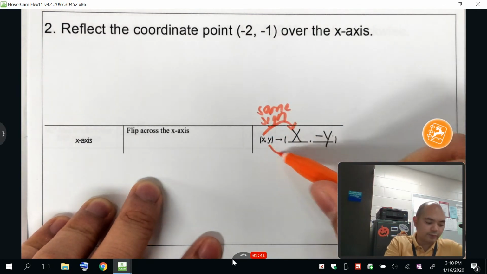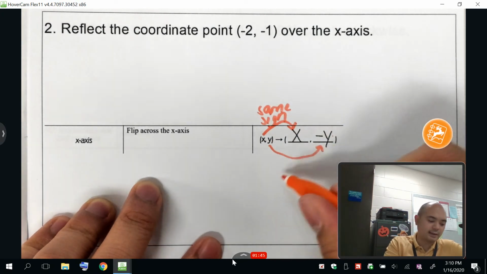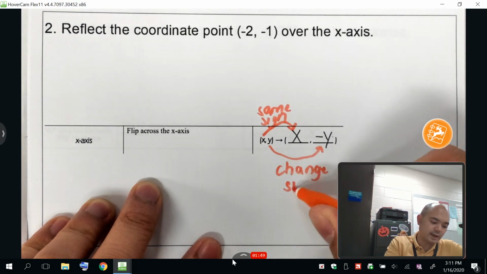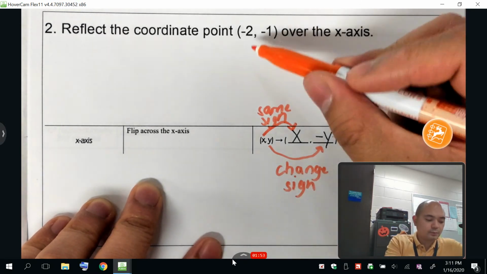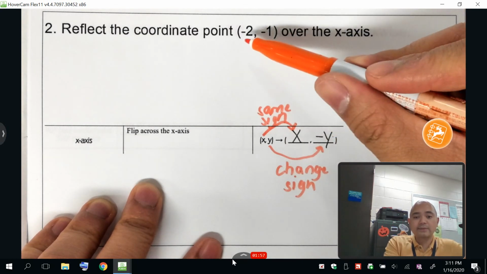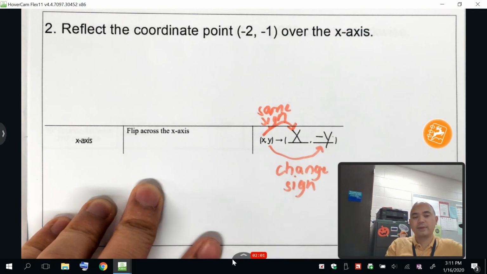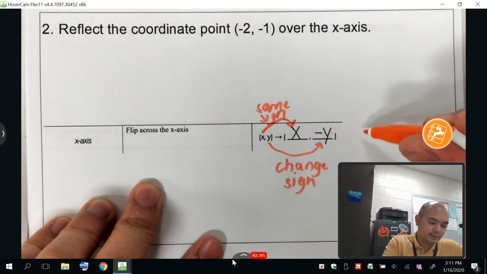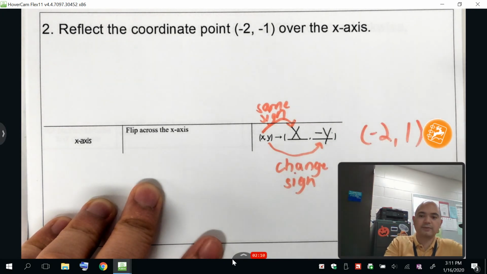Y going from here to here, this is positive, that's negative, which means the sign changes. So take your (-2, -1), the x value keeps the sign, the y value changes signs. Alright, pause the video and answer. And your answer should have been (-2, 1). Same x, change sign for the y.